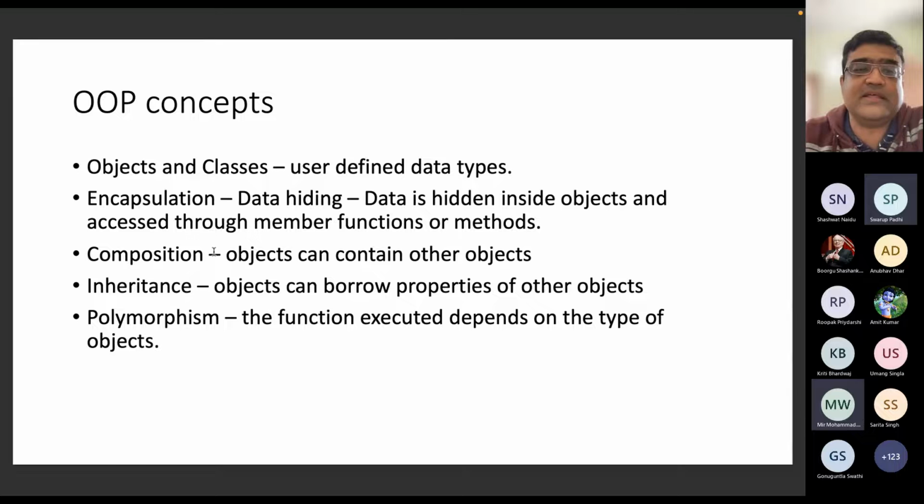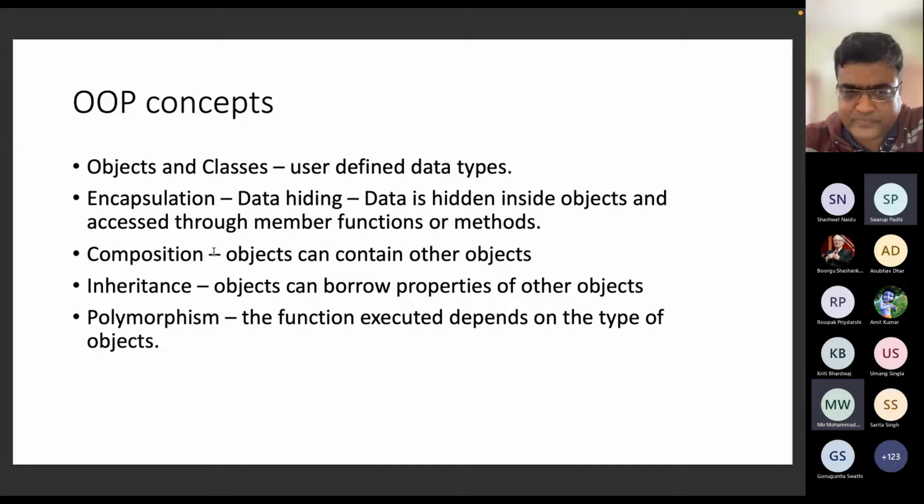Then there is inheritance. Objects can borrow properties of other objects. This is again a key concept, and C++ provides it to a greater generality. Java provides, as you know, a somewhat restricted inheritance, but almost all OOP languages provide this concept to some extent at least.